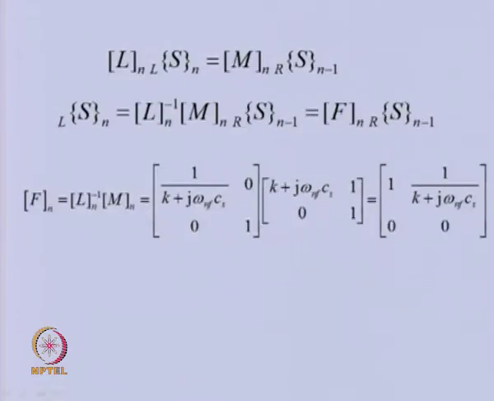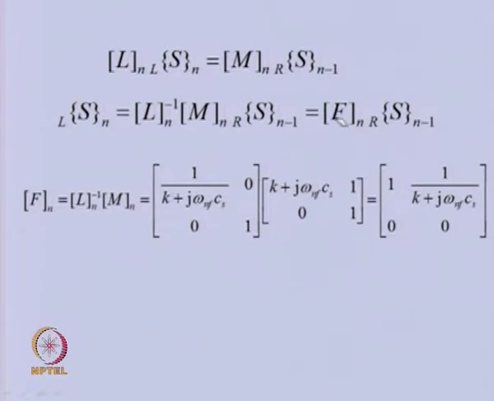So now we are inverting this L matrix, and this inverse of L times M I am calling the field matrix, and the field matrix is the multiplication of these two. If we multiply them, we can see the field matrix has a simpler form. So, this is the field matrix which includes the damping of the shaft also.